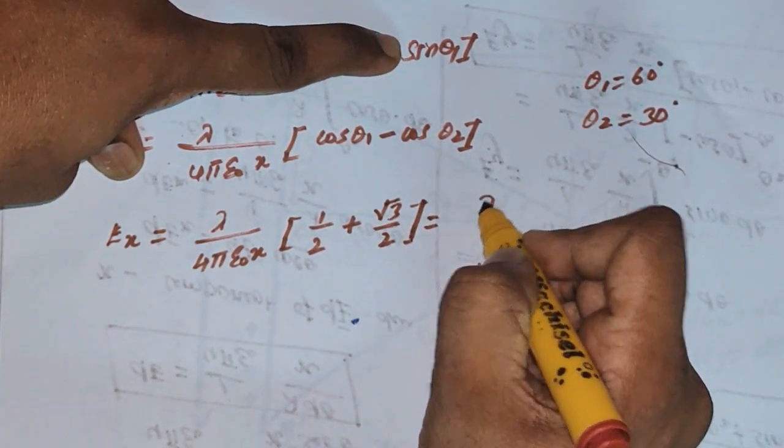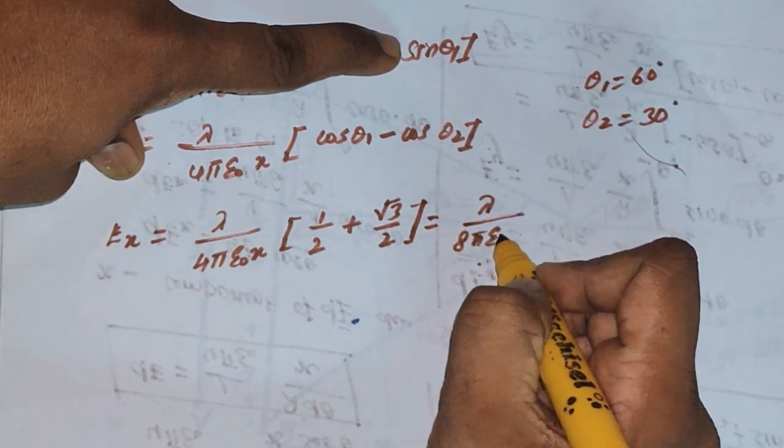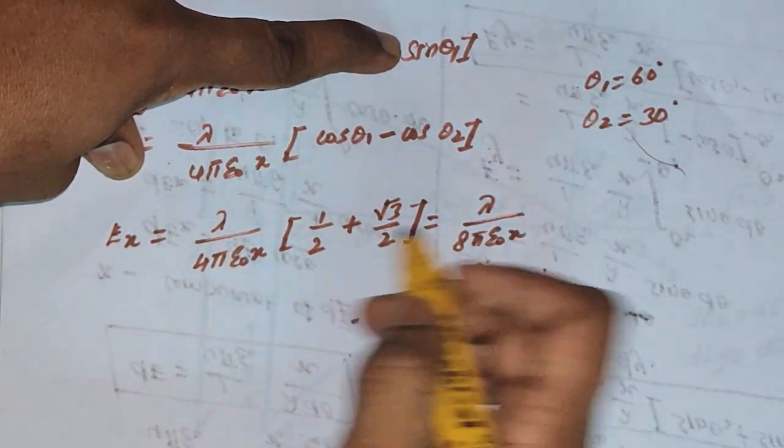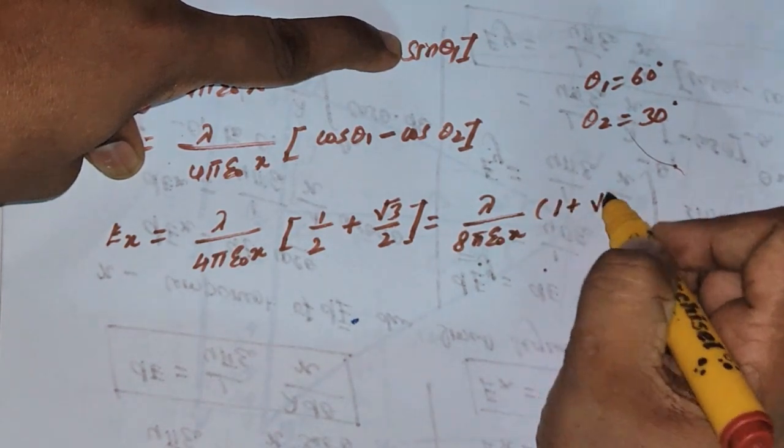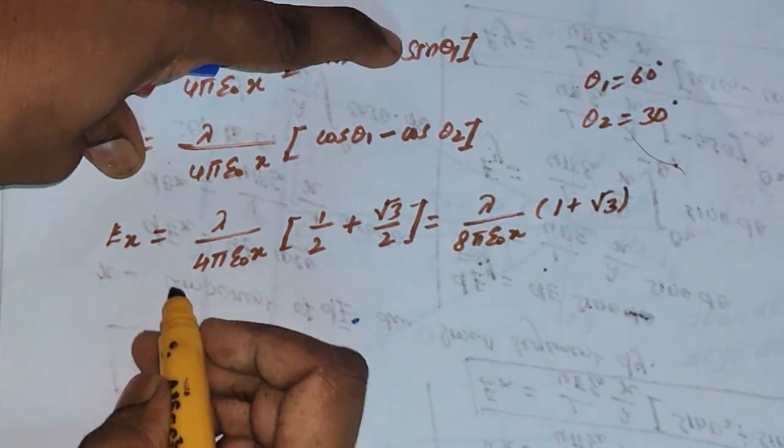Or else you can write it as lambda by 8 pi epsilon naught x, because the 2s are common, times 1 plus square root of 3.